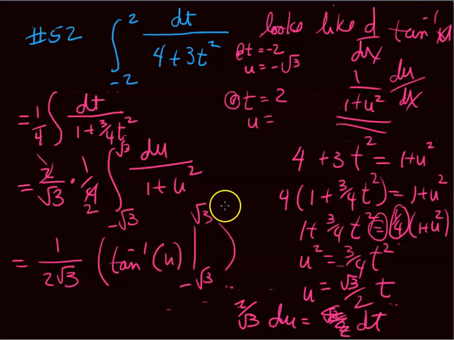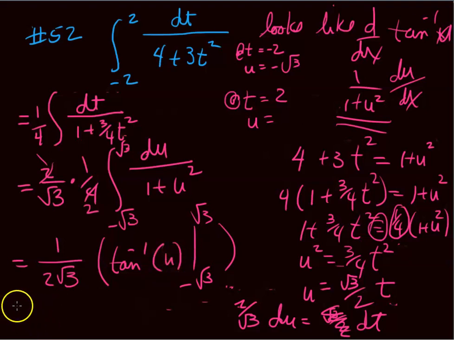Now, what you need to remember is the tangent is sine over cosine. The tangent of pi over 3 is square root of 3 over 2 over 1/2 because it's sine over cosine. So when I put in the square root of 3, the angle that goes along with that tangent is pi over 3.